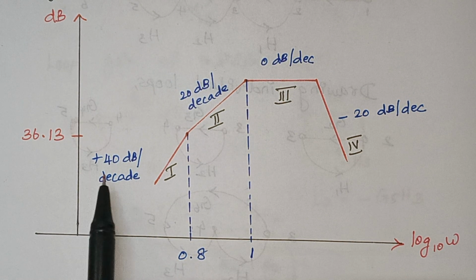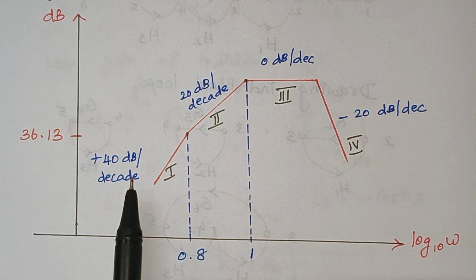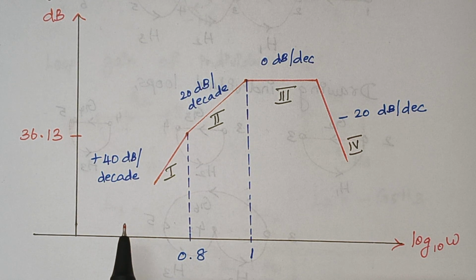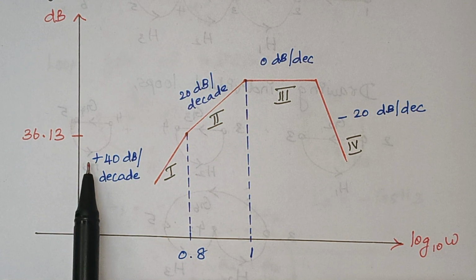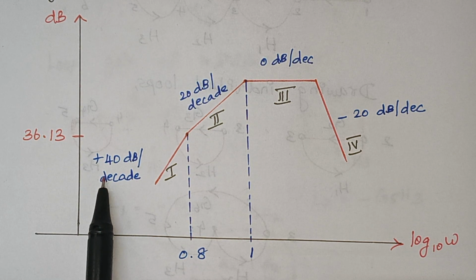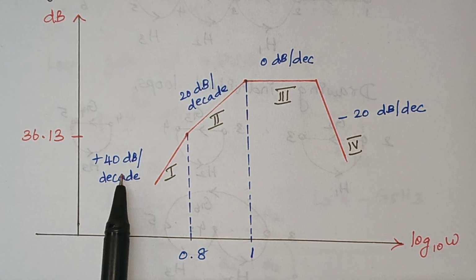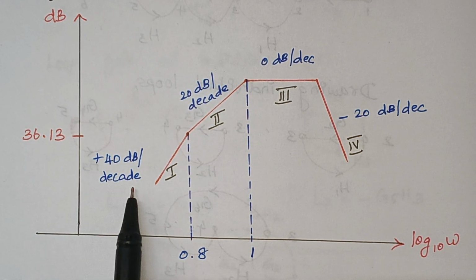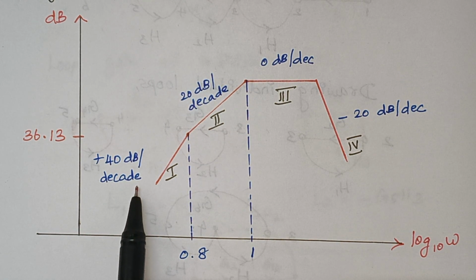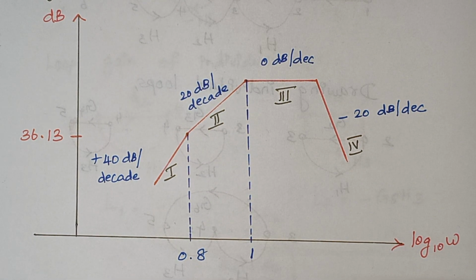Here we are having 40, so the term is s square. Now where is this s square present, either in the numerator or in the denominator? It is present in the numerator because the slope is given with a plus sign. So plus 40 decibel per decade is contributed by an s square term which is present in the numerator.